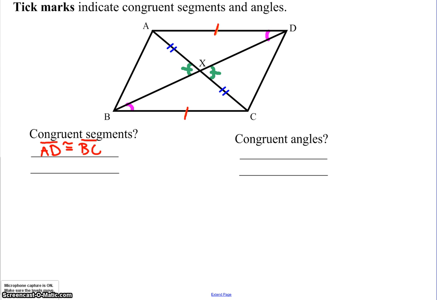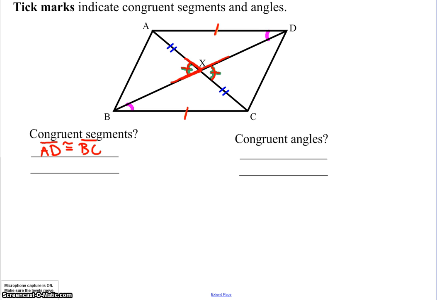Congruent angles. Alright, so the angles that are marked congruent here, I see this angle and this angle are marked congruent, so I have to be careful how I call those angles. You can't just call that angle X, right? There are a lot of angles that have that as the vertex. If you say angle X, I don't know if you're talking about this angle X, that whole straight angle X, and then there's a whole bunch of other ones like that.